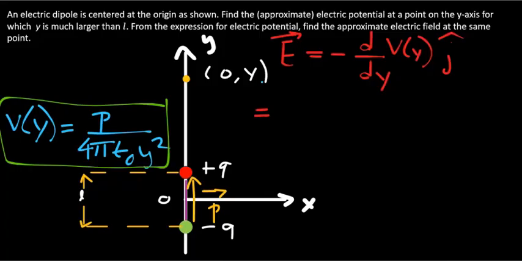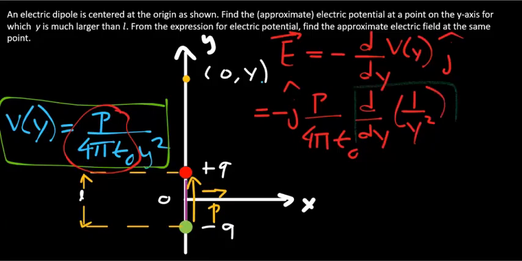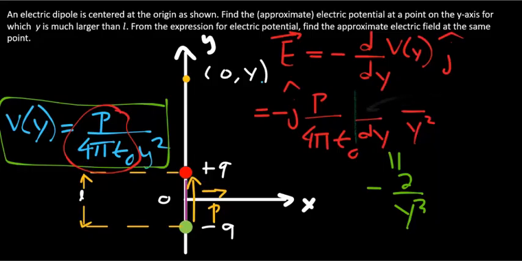So let's substitute the terms. You can take the constants out of the derivative sign. So it becomes d dy of 1 over y squared. This derivative here is an elementary derivative, and it is just minus 2 over y cubed. So let's substitute that result in here.